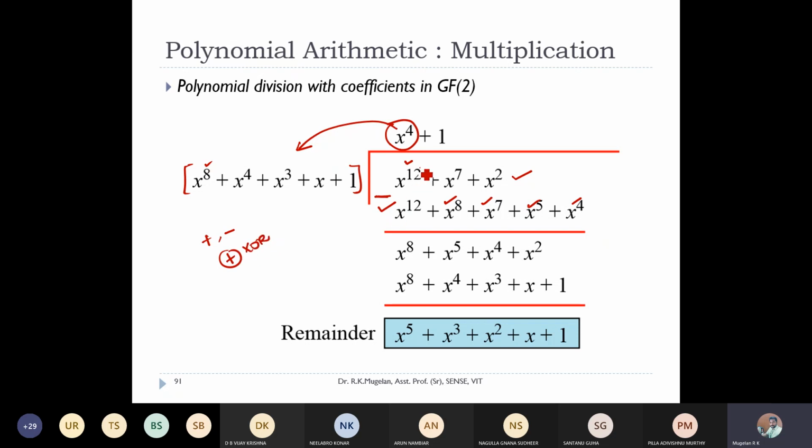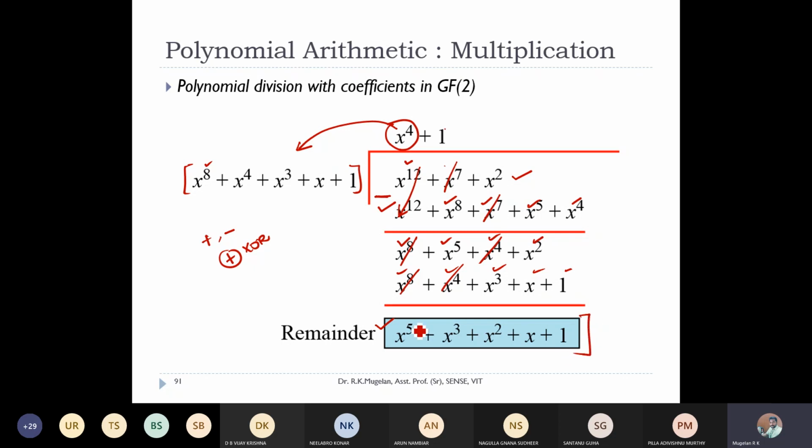So if you XOR, x power 12 and x power 4 get cancelled, I'll be getting x power 8, 7, 7 gets cancelled, simply 5, 4, and 2. Now this goes one time, x power 8, 4, 3, this one. This gets cancelled, x power 4 gets cancelled. At last, I'll be getting x power 5, x cube plus x square plus x plus 1.